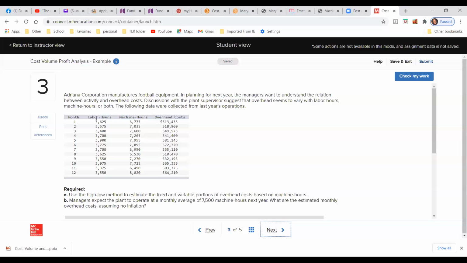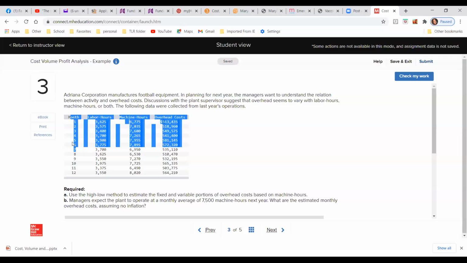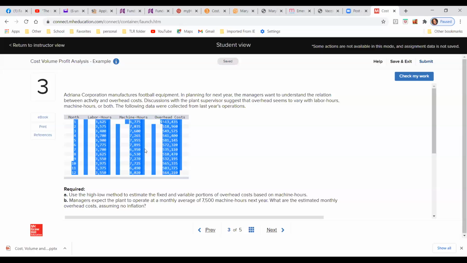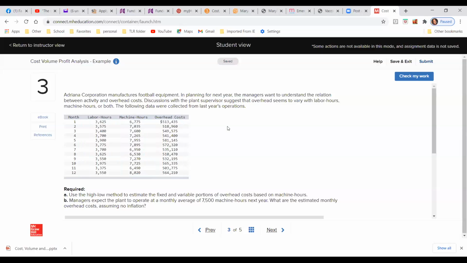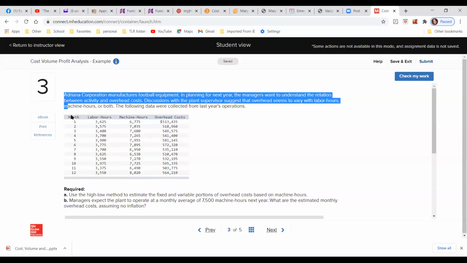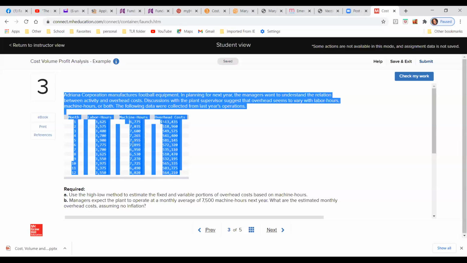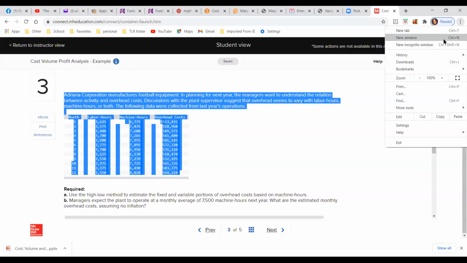So, the high-low method. Now, let's see, can we copy this? I'm going to see if I can copy it. I don't know, it might not like it. The reason I'm going to copy is because I want to use Excel to do this. It won't let me. Give me a minute. Wait a second.